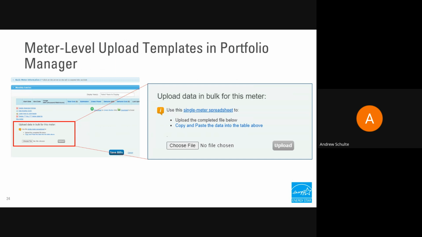So Portfolio Manager has a couple different templates. There's one for electricity, and there's one for non-electric metered fuels. Those would be things like natural gas, water, anything else that has an ongoing delivery that is tracked on an ongoing basis by a meter.